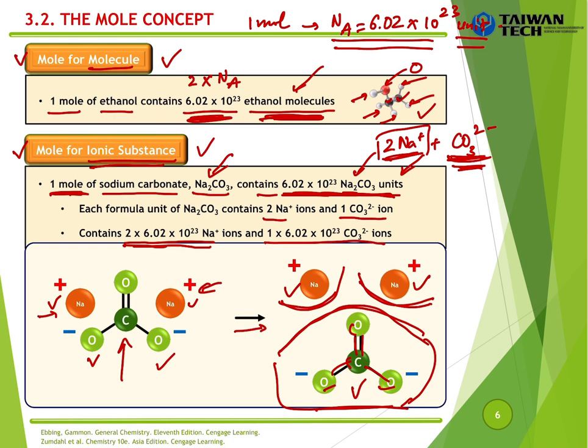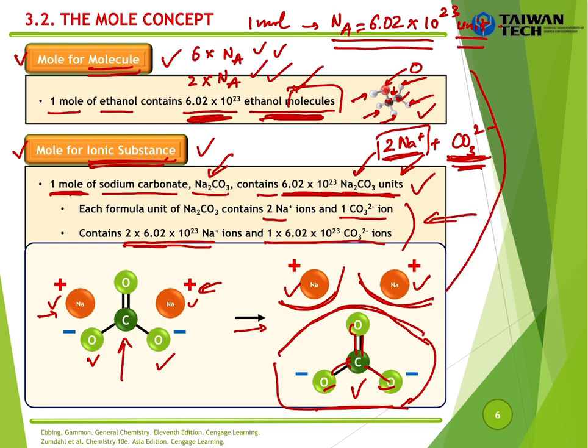And in this structure, actually, inside we have another one. So we have 6 hydrogen, which means 6 times Na. So that is the number of atoms. For molecular substances, we consider the number of molecules in general, or the number of each atom inside. But for ionic substances, we consider the unit, and we consider the number of ions.